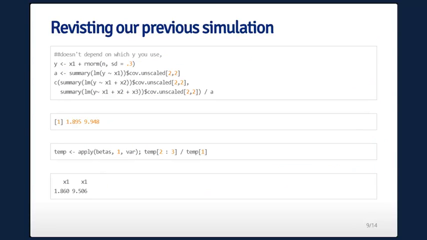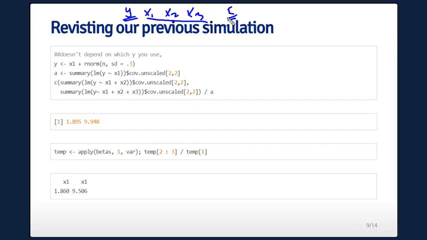So let's revisit our previous simulation. Remember, in our simulation, there were y, x1, x2, and x3, and we simulated a new y every time, but our x1, x2, and x3 were constant at their original value, and then we simulated errors each time. So what we're going to talk about actually doesn't depend on either y or the errors.